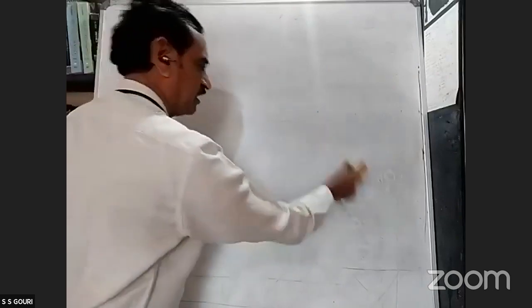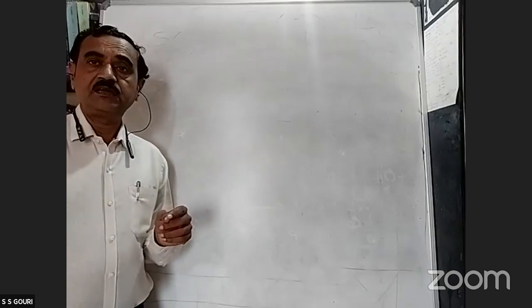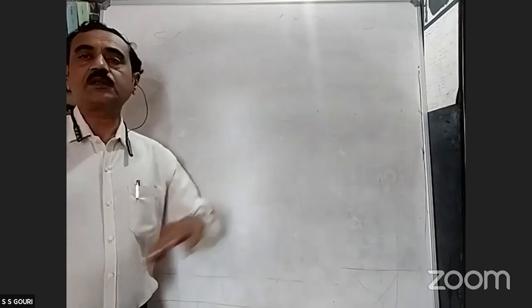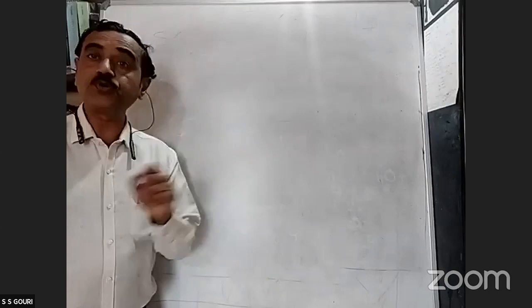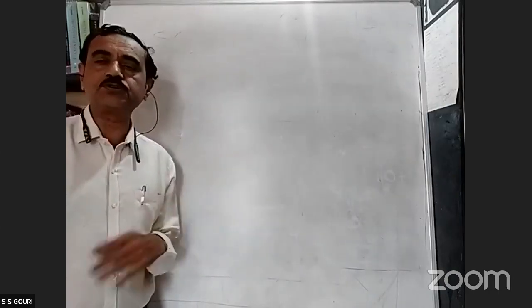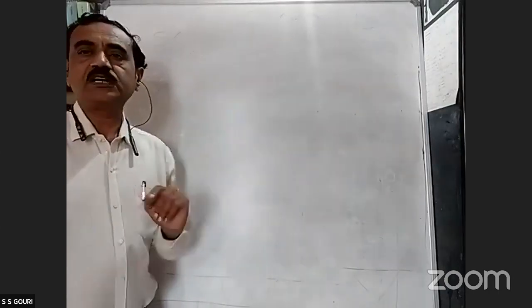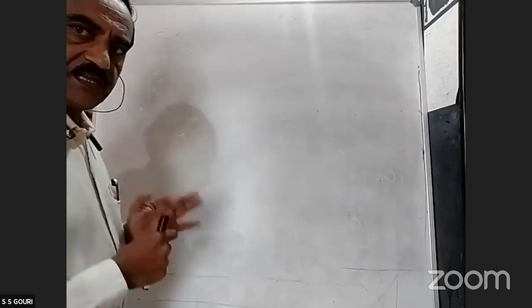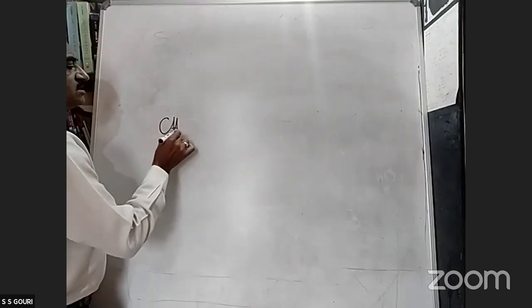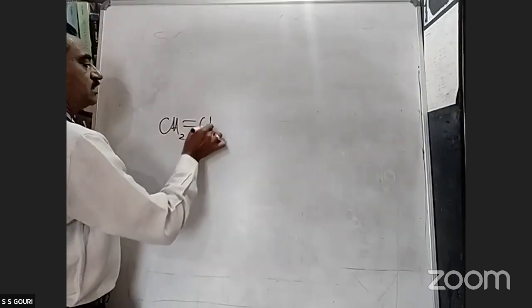When you play a cricket game and a player gets injured, he is replaced by some other player, and he is called a substitute. Similarly, substitution means replacement of an atom or group by another atom or group. Now, addition: take an organic reaction, CH2=CH2.